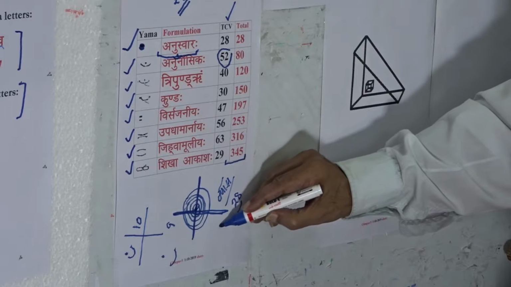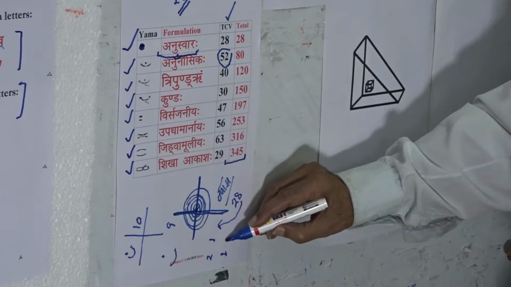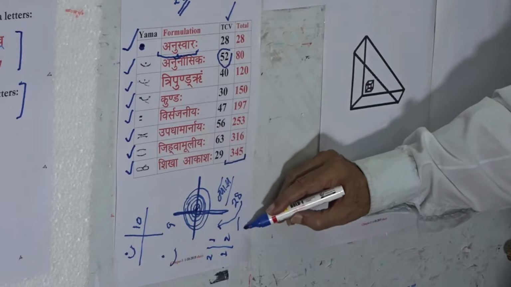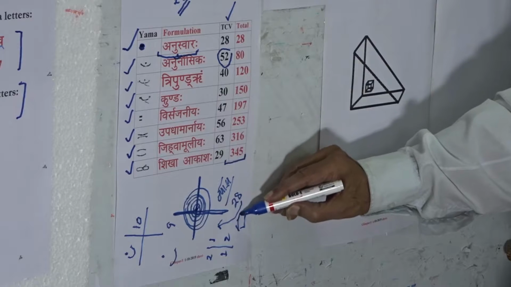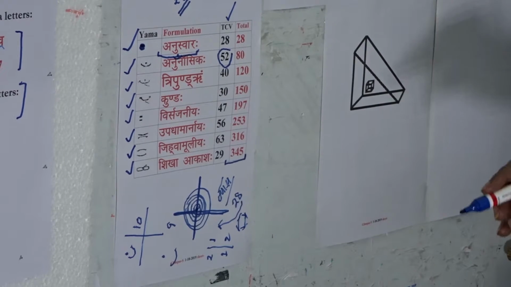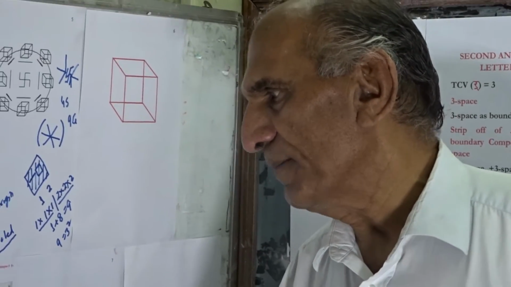Therefore, we have to go by 2 as 1 and 1 as 2 as a unit, which is available only in a creator's space, a 4 space. These are the features which are at work. These are the features which are coming into play.